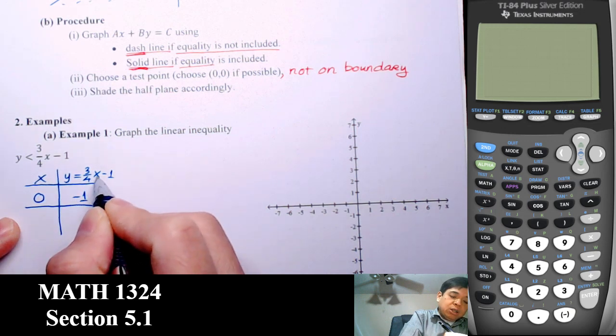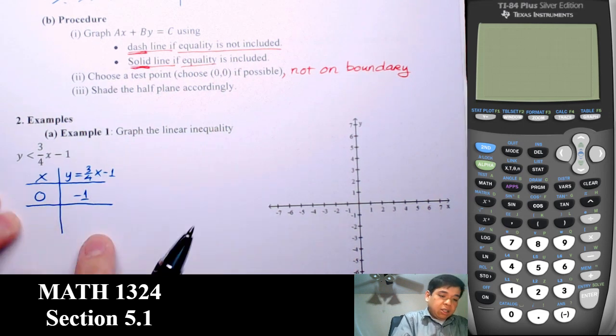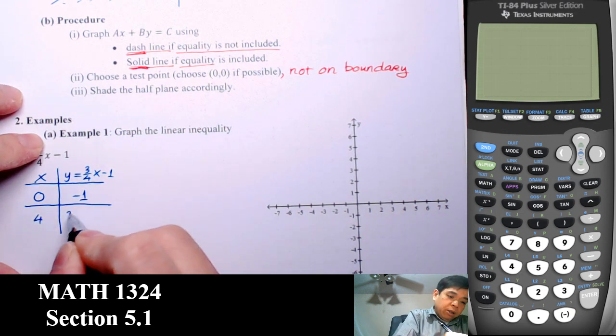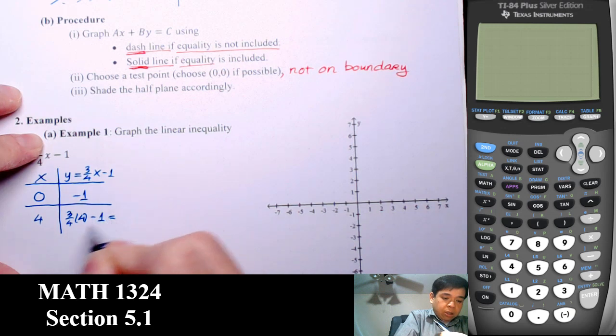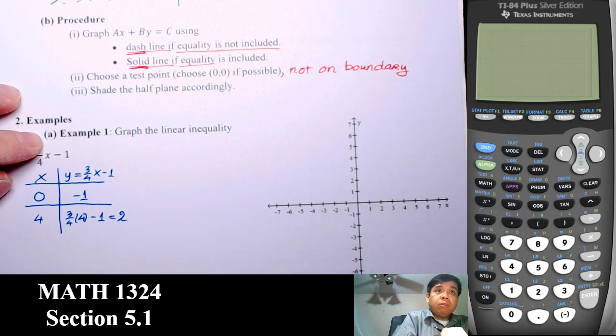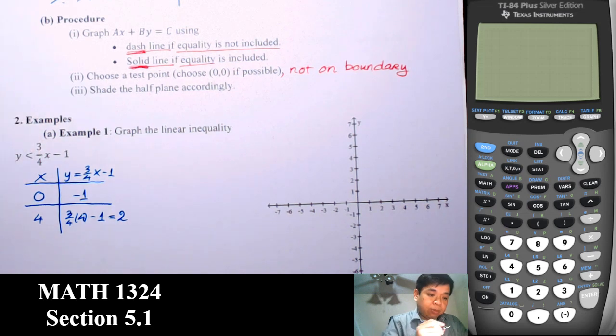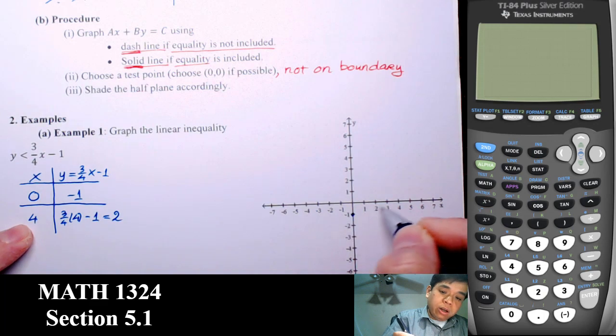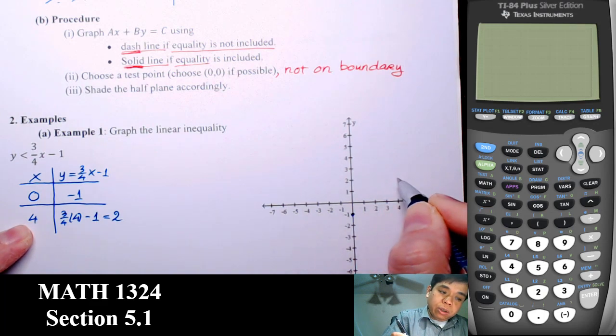Now if we choose x equal to 4, we have 3 over 4 times 4 minus 1. So 4 and 4 cancel out, and 3 minus 1 is 2. So we have those 2 points: x equal to 0, y equal to -1, and x equal to 4, y equal to 2.